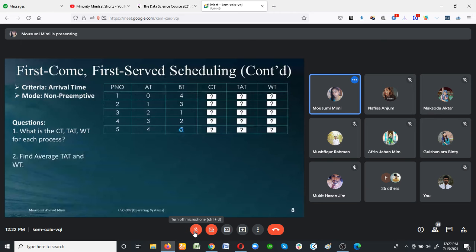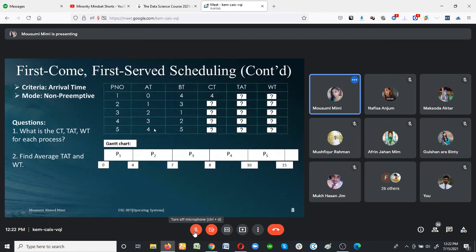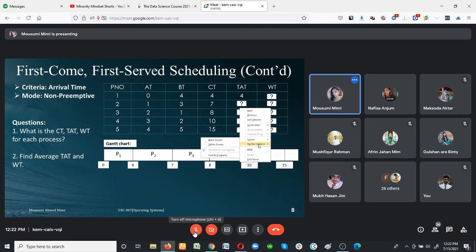Look, if completion time were arrival time plus burst time, then it would become 4 plus 5 equal to 9. It depends on the arrival time. You have to do the adding this way.